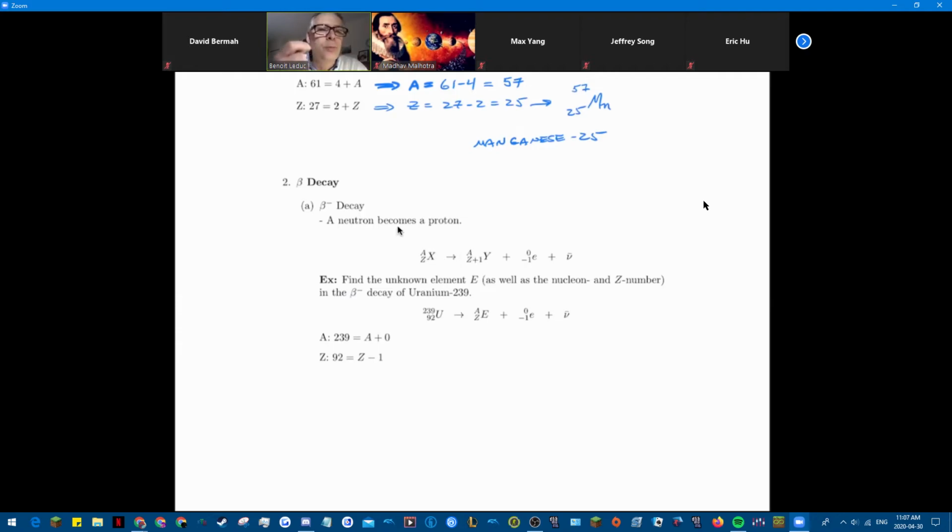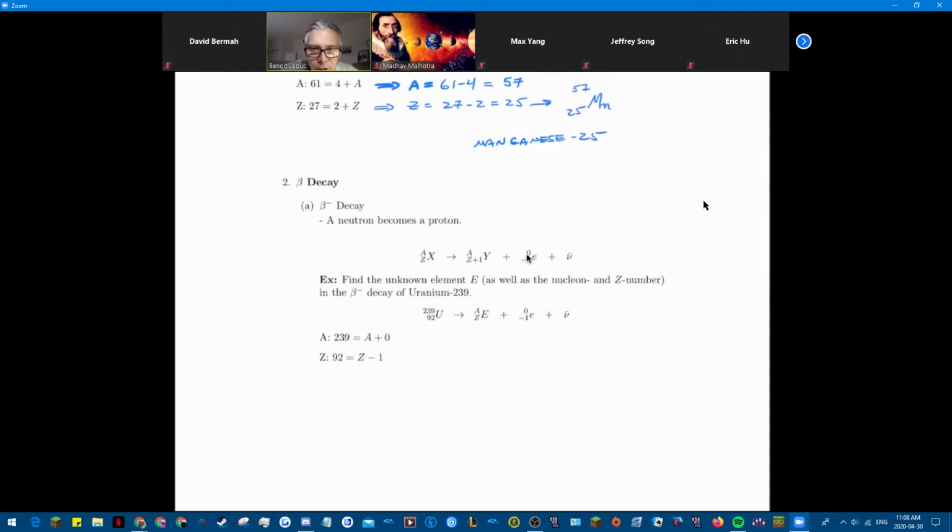However, charge must be conserved. So if a neutron in X becomes a proton, a positive charge has been created, and it must be offset by a negative charge. In this case, you're going to have an electron. This is the charge of the electron, minus 1, and the symbol is little e.